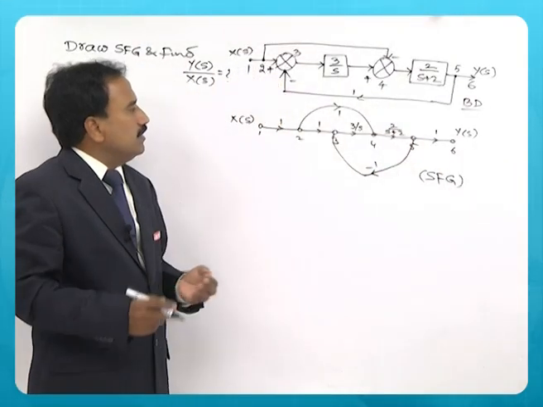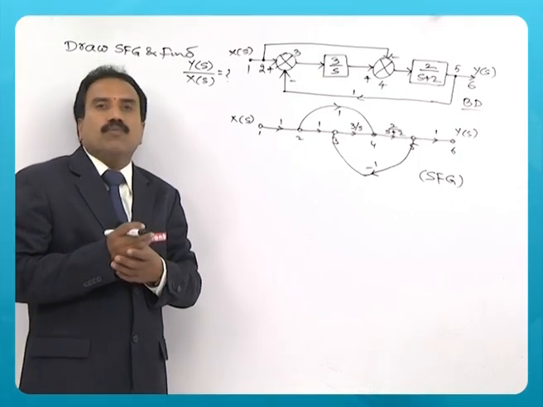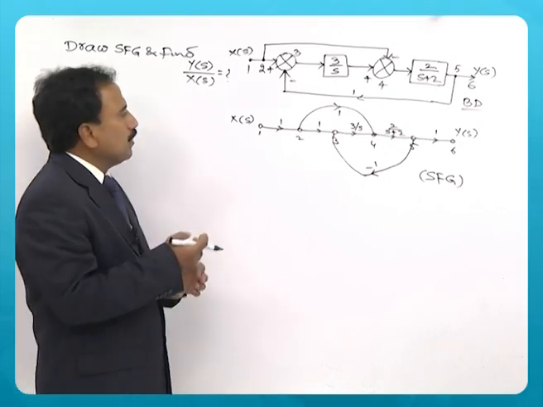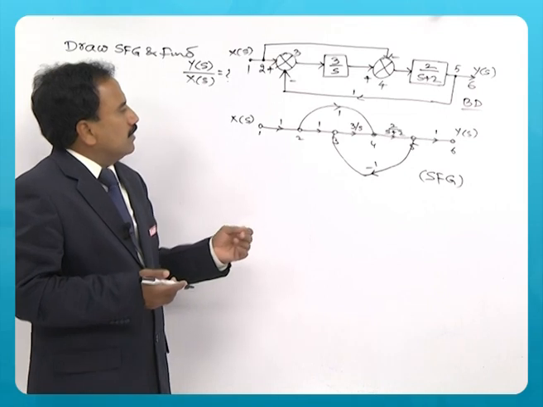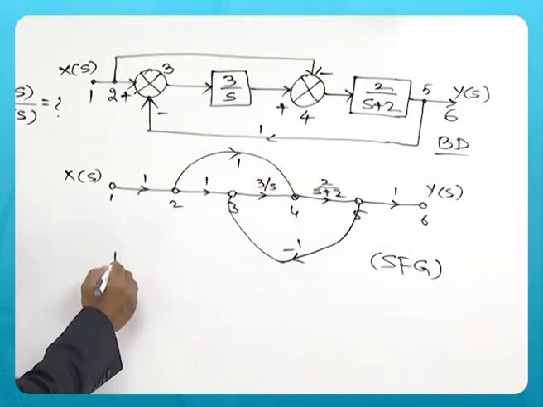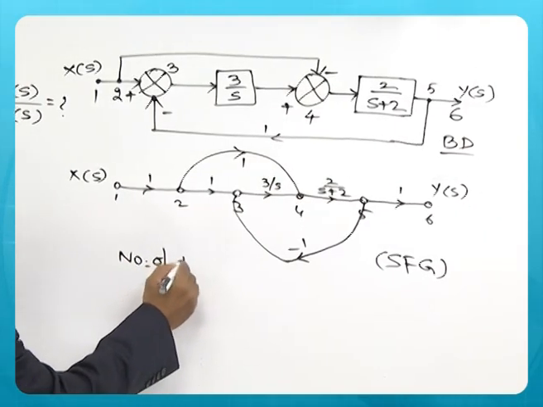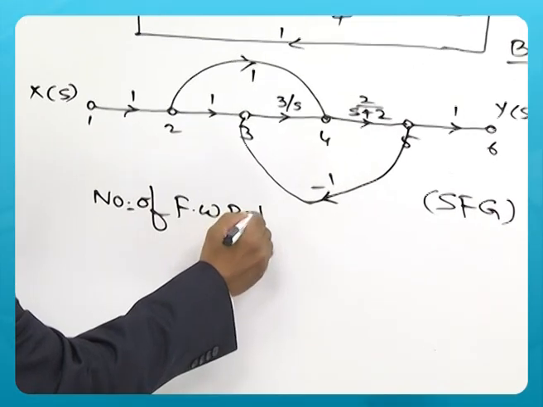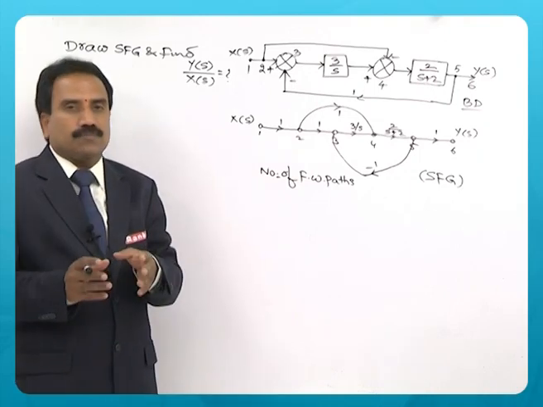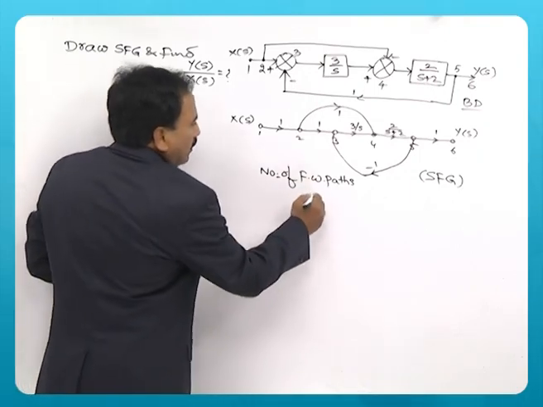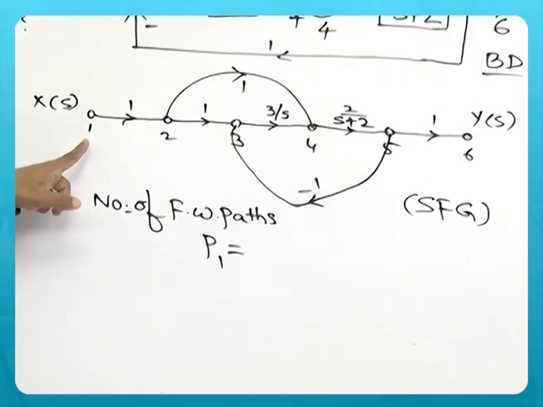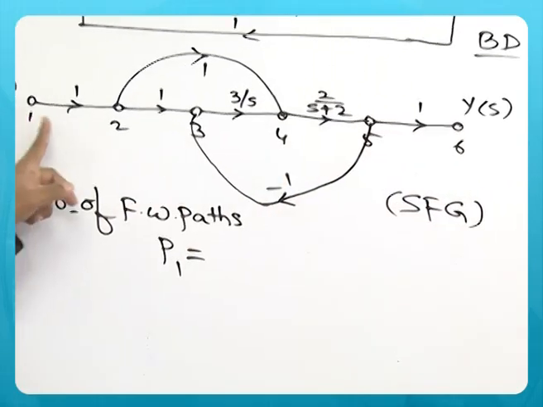Now it's very easy to find the overall gain of the system using Mason's gain formula. As you know the formula, you need to find the number of forward paths first. Number of forward paths means paths connecting input and output nodes. So let me see the gain of the first forward path connecting 1 to 6 through this path.